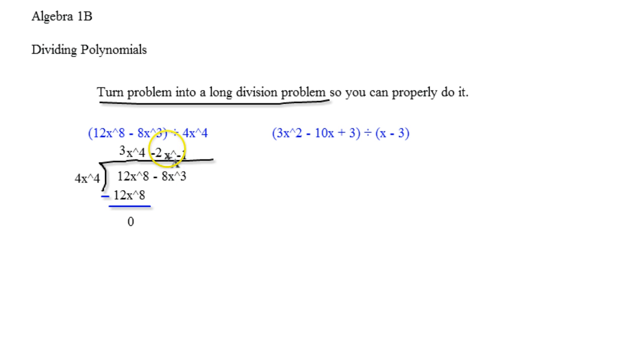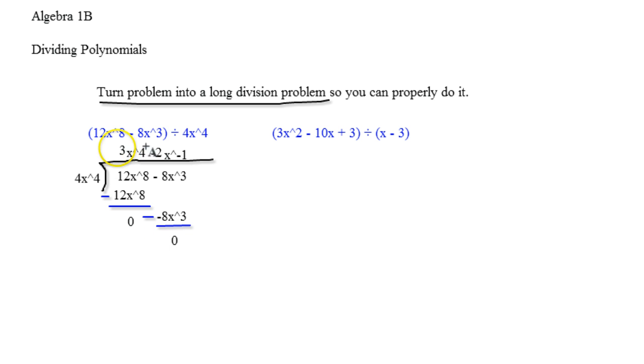Okay? All right. Now if I multiply it and work it out, I should get negative 8x to the third. Okay, just like I predicted. And then when I subtract it, okay, I'm definitely going to get 0, and that's what I want.